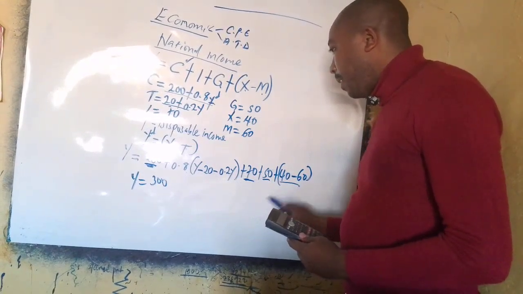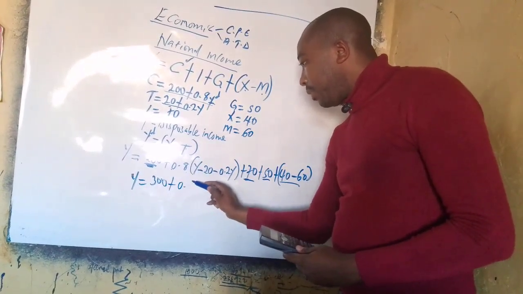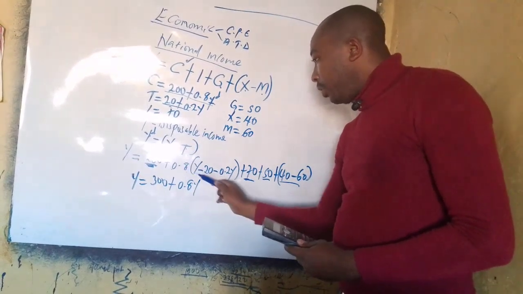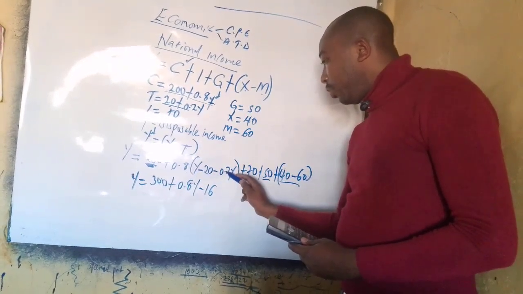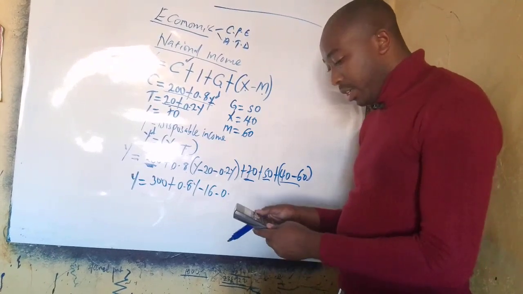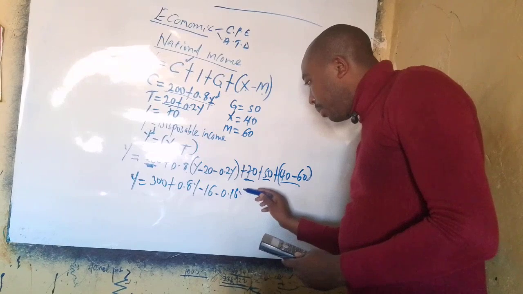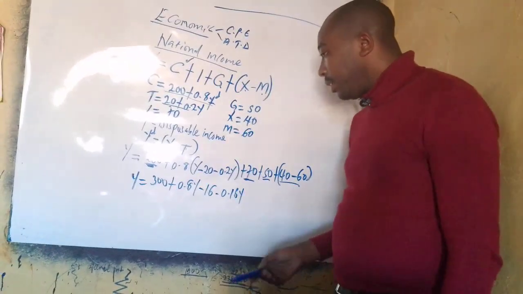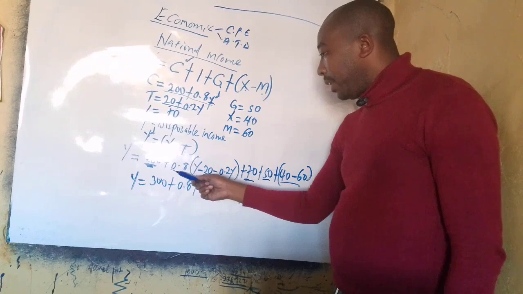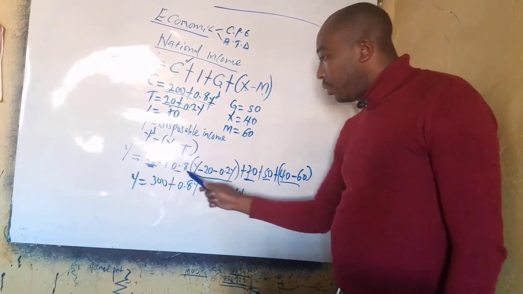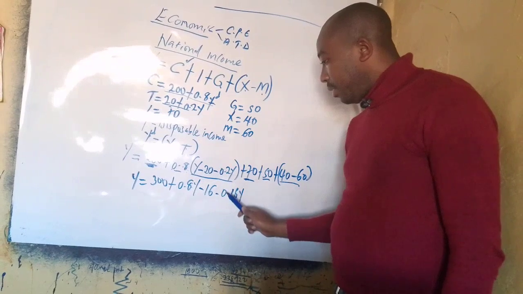We open the bracket, 0.8 times Y, that is 0.8Y. 0.8 times negative 20, that is negative 16. 0.8 by 0.2, that is negative 0.16, and remember we have Y there. When we open the bracket, you multiply whatever is outside the bracket with what is inside the bracket, this by this, this by this, this by this.